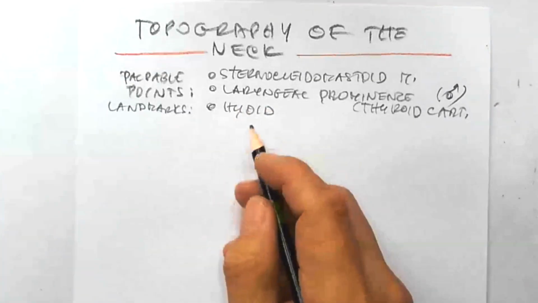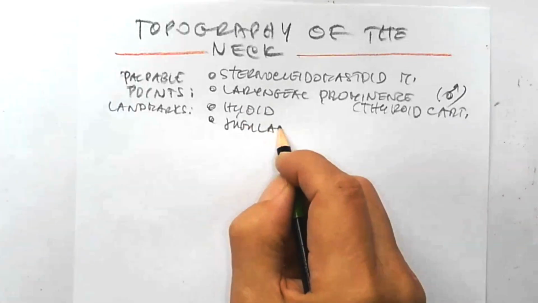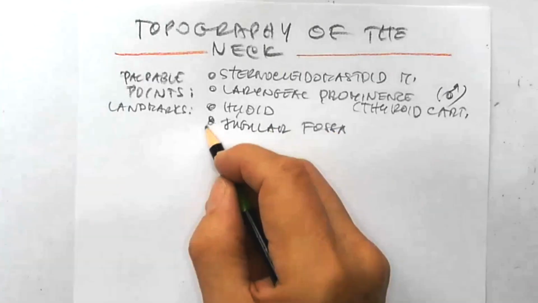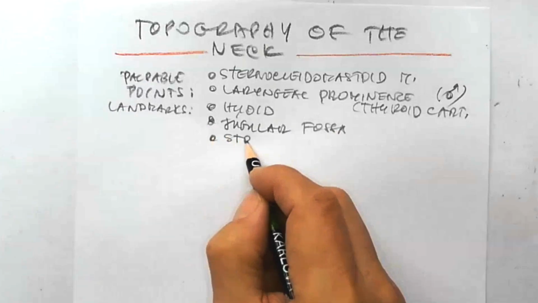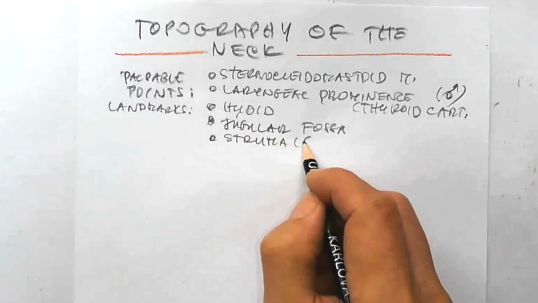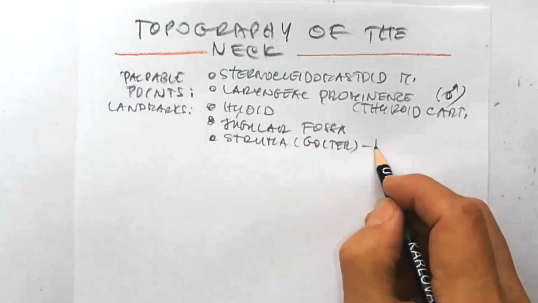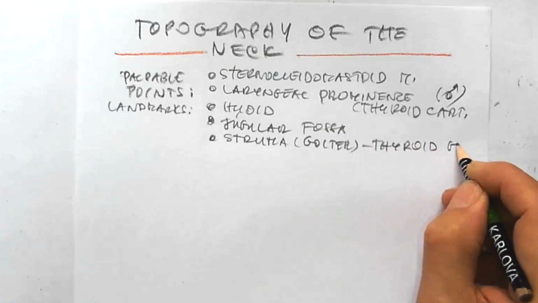Then jugular fossa, and because this is also an important landmark, and in some cases enlarged, we could say struma or goiter. If you look into books, this is the thyroid enlarged gland, thyroid gland. Fine.